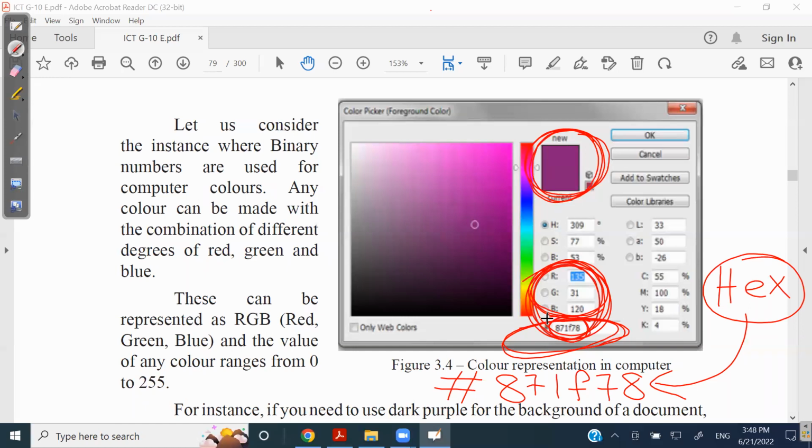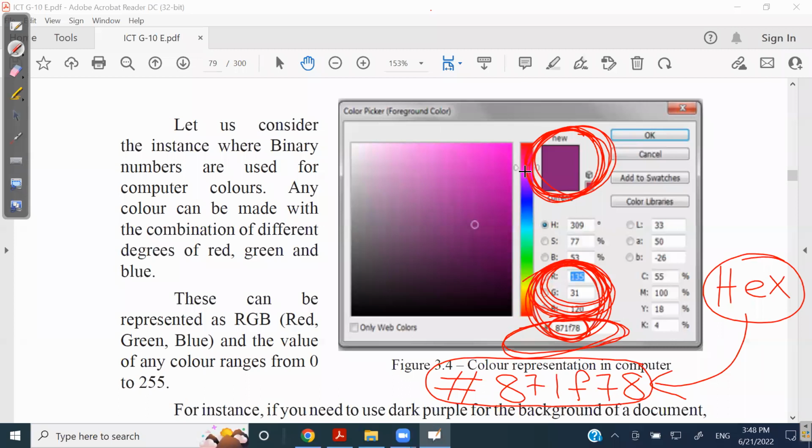Or else you can change the values of the hex code. According to that, the RGB colors will change, and the color shown in this book will change. So it is one particular place where numbers are used to represent a color in a computer.